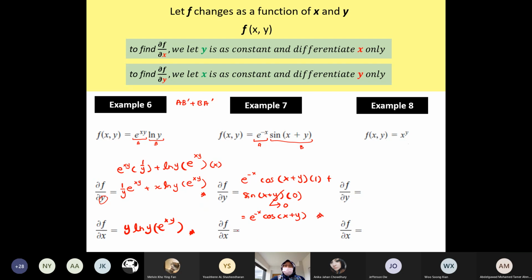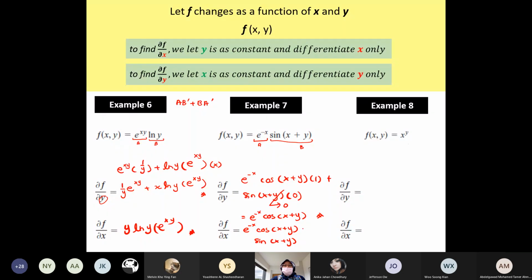Okay, so let's differentiate with respect to x. So you have e to the power of minus x cosine x plus y multiplied by 1 plus, okay, sine x plus y. So now you differentiate e to the power of minus x.